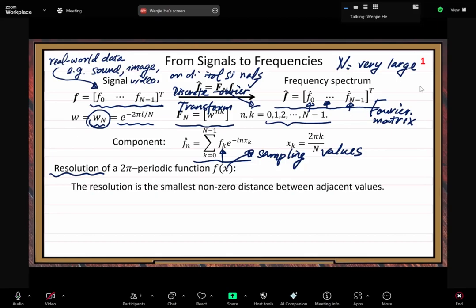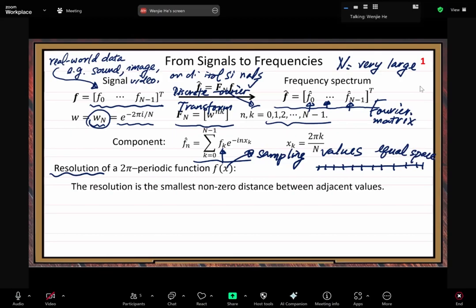Remember, last class, we made an assumption when we do the sampling of a function, we do equal space sampling.